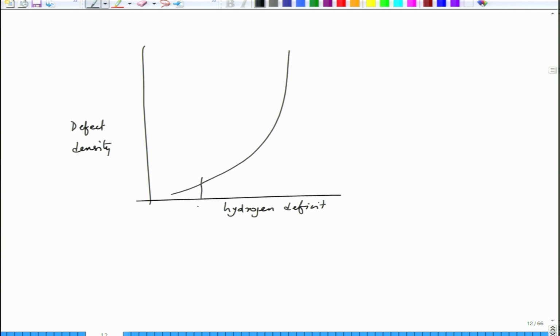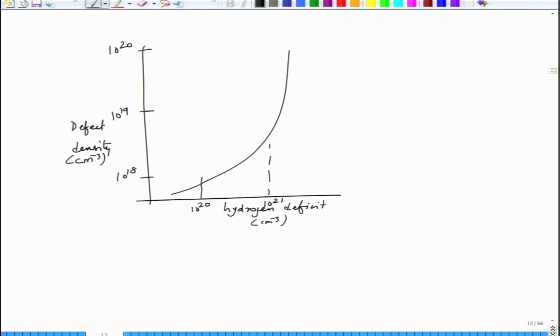Somewhere here it would be 10 to the power 20 per cc, and this would be about, I do not know, 10 to the power 21, and these defect densities would be of the order of 10 to the power 18, 10 to the power 19, and then 20 per cc. Okay. So, this is how it tends to increase.